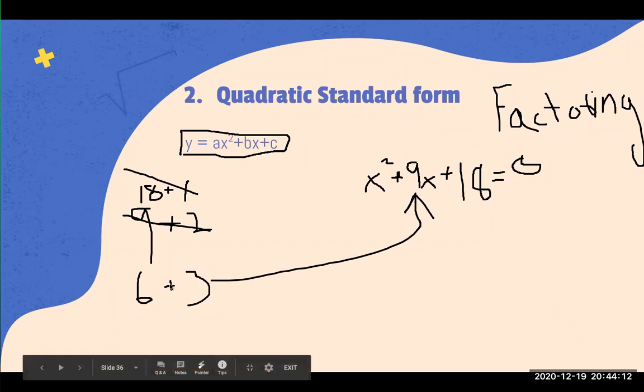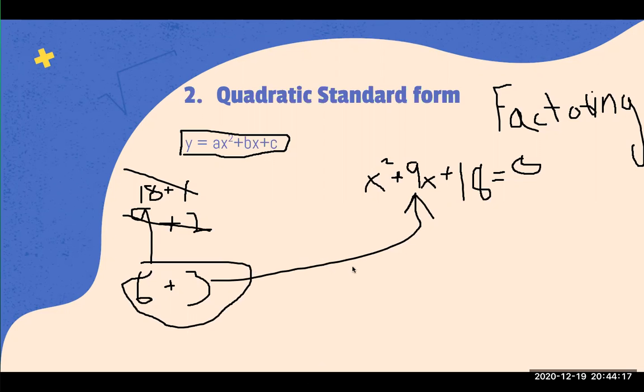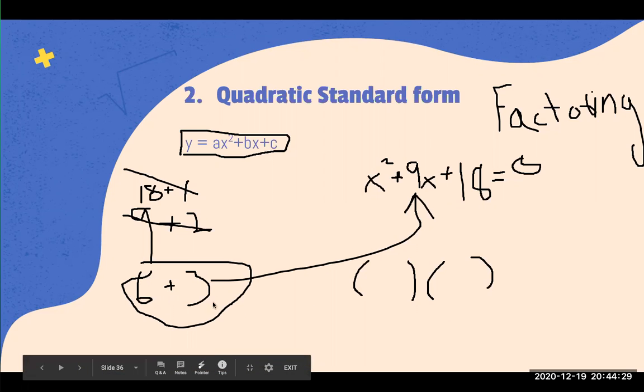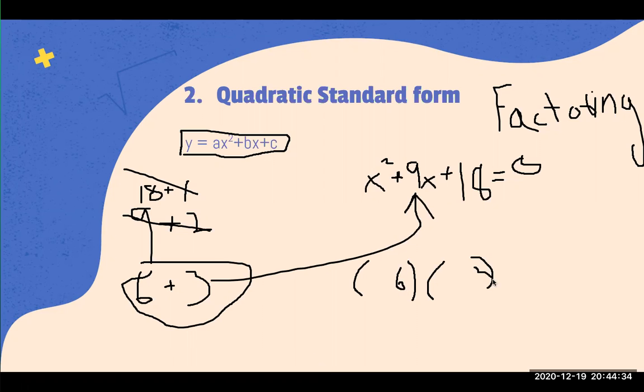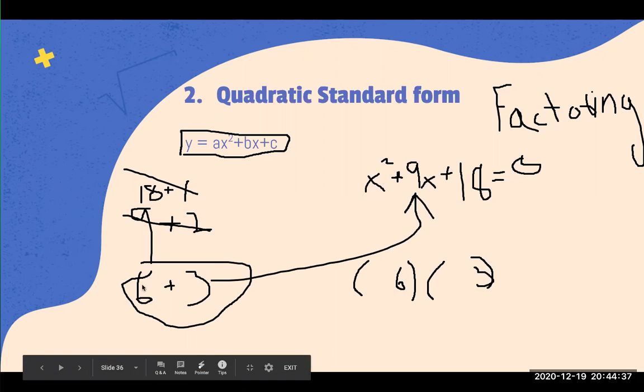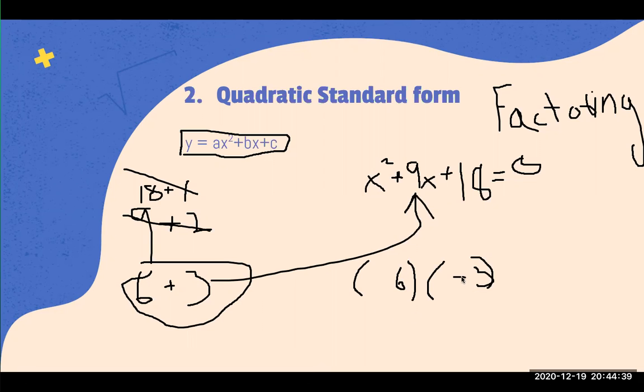Now since we have the factors, which are 6 and 3, you can separate this into something that looks like this. There's going to be a parentheses over here, parentheses over here. Now you can put 6 right here and 3 right here. Since these are both positive, we can add a positive sign right here and right here, and we can put an x because that's the variable that we're using.